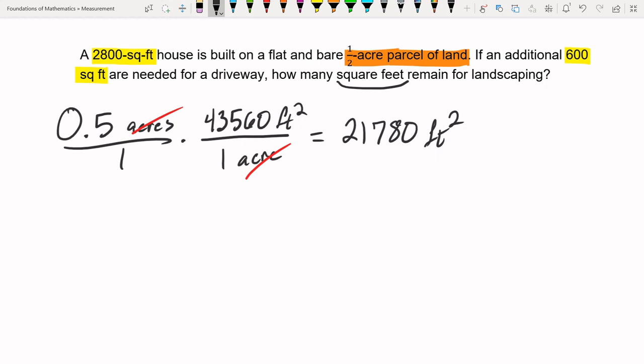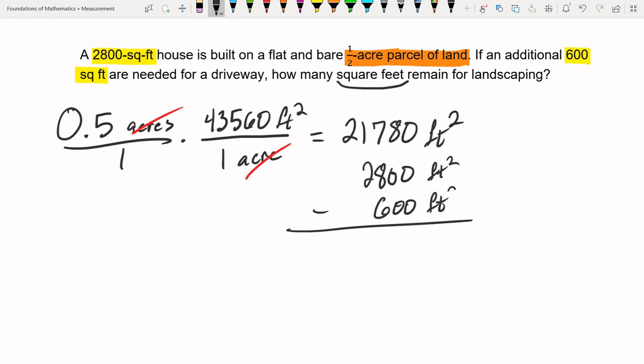Okay, how many square feet remain for landscaping? So we're taking off of this square footage the house and the driveway. So all we really need to do is subtract from this 2,800 for the house and subtract off of that 600 square feet for the driveway.